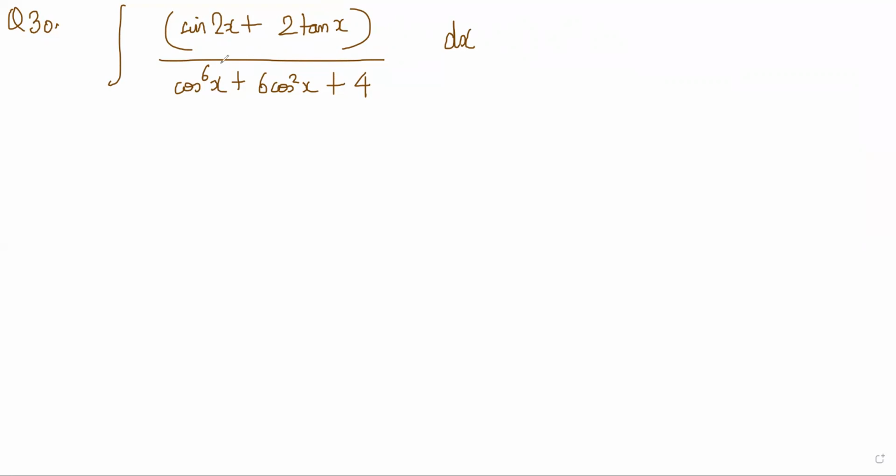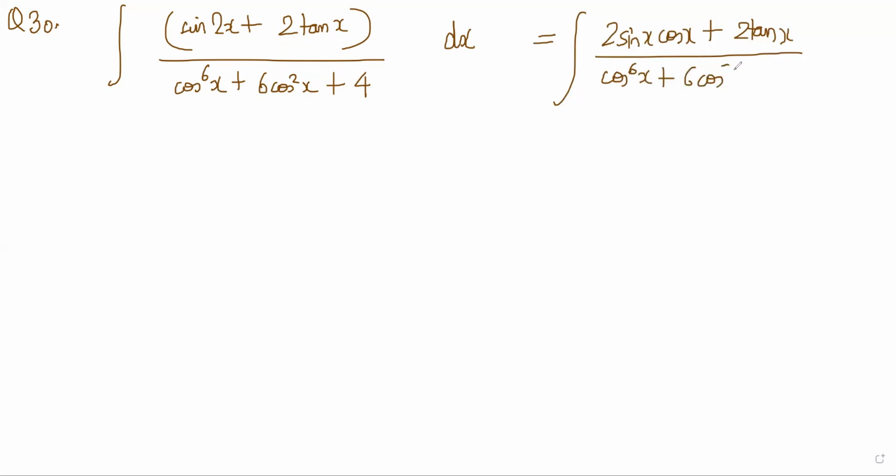So let's write the numerator as 2 sin x cos x plus 2 tan x, divided by cos power 6 x plus 6 cos square x plus 4 dx. So here there is a power of 6, so I can divide by cos power 6 here, up and down.